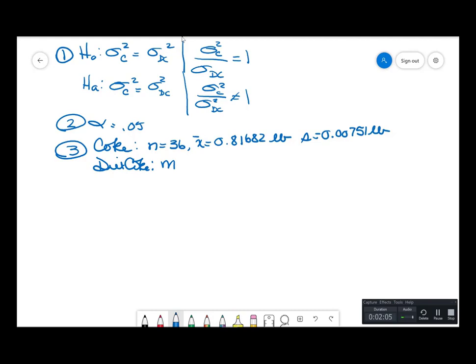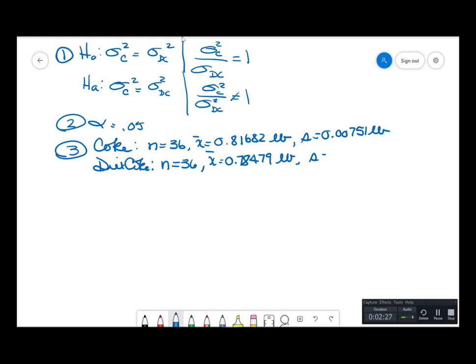Our Diet Coke, there's also 36 in the sample. The mean weight of our Diet Coke cans is 0.78479 pounds.